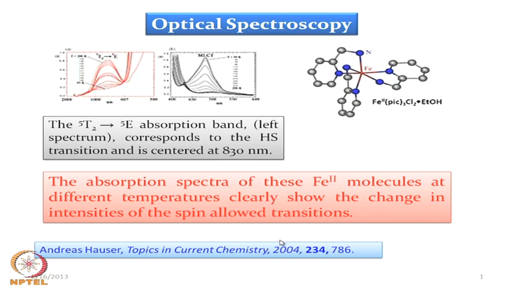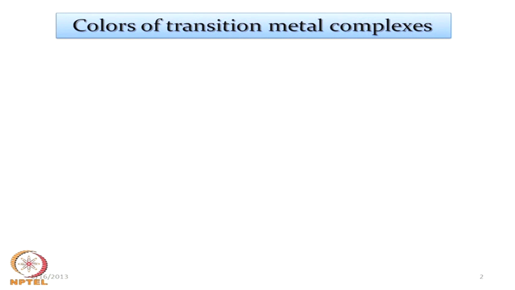So, now we will see that the very basic thing, the color and the corresponding spectra, can be very useful for characterizing these metal complexes. How do these different colors arise?